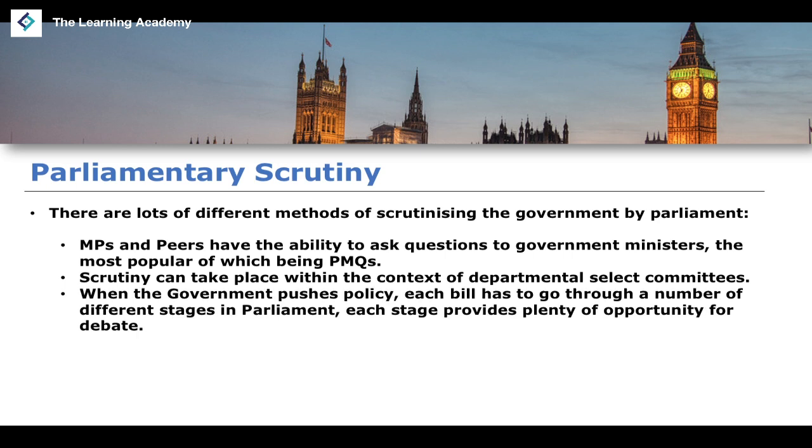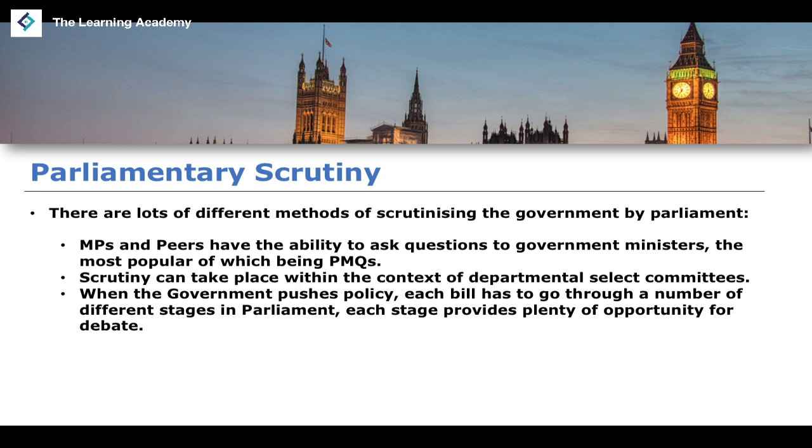A third method is that when the government pushes policy and makes legislation, each bill has to go through the different stages of Parliament. There are a number of different reading stages that allow for the opportunity for members of Parliament to debate the merits, the advantages and disadvantages of each of these particular bills.